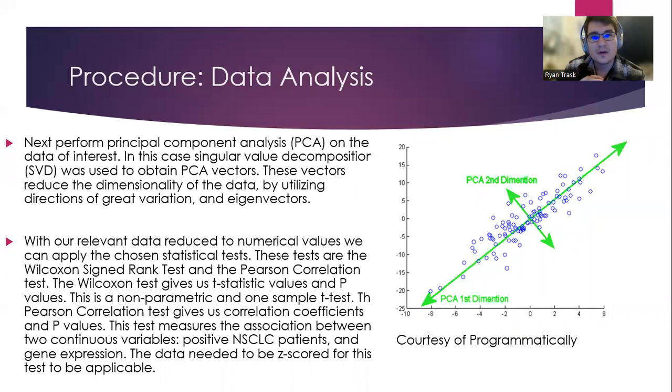But what am I using from the libraries? What are the actual statistical, mathematical things I'm doing to the data to shape it into what I want? I use what's called principal component analysis, PCA, and a specific variation of it called singular value decomposition.